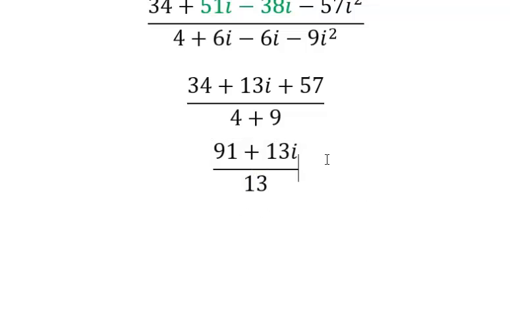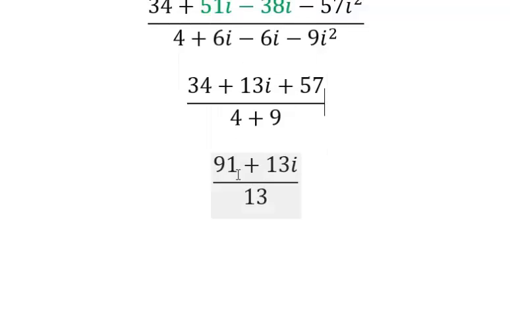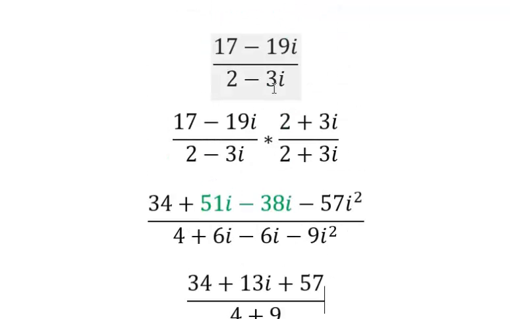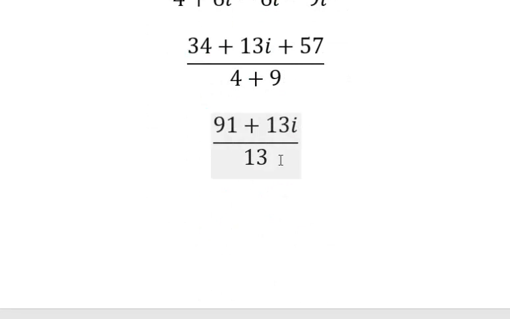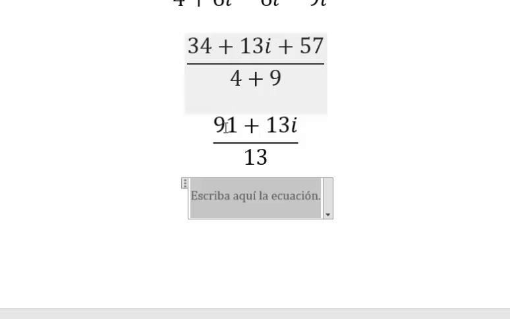Now, we transformed the denominator into a normal number, a real number. So what we're gonna do is divide both numbers up by the denominator, like 91 divided by 13 and 13i divided by 13. 91 divided by 13 is 7.